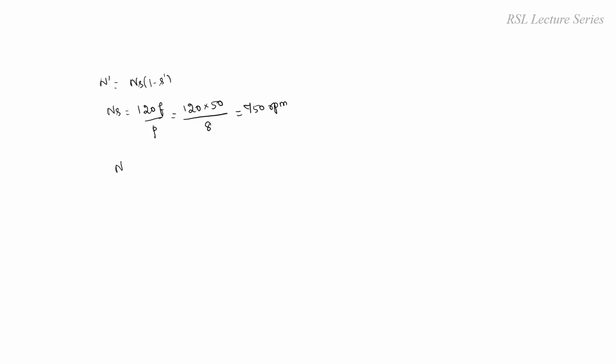Now substituting in the N dash equation, 750 multiplied by (1 minus 0.24), on simplification we get 570 RPM. So this is the answer. If you add the additional value of rotor resistance, the speed will decrease.